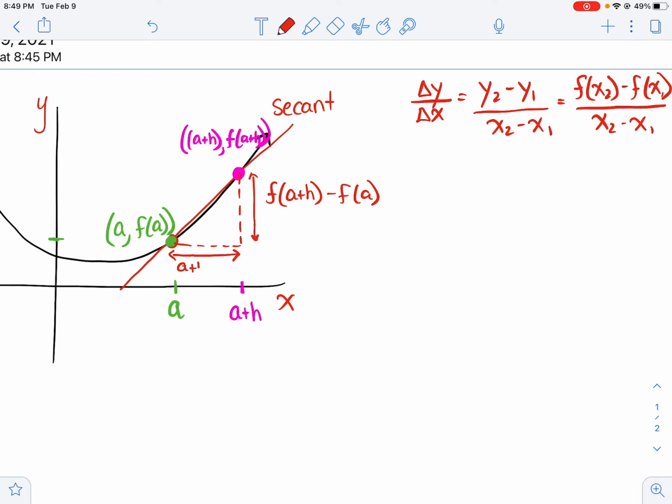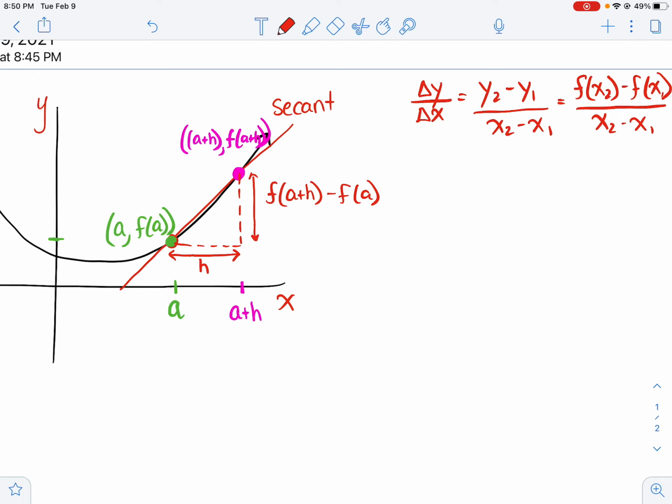So A plus H minus A. And you can see what happens with the A plus H minus A: the A's are going to go away because A minus A is nothing. So that interval will just be H long, which makes sense, right? Because this is A and this is A plus H. So the distance between them is H.